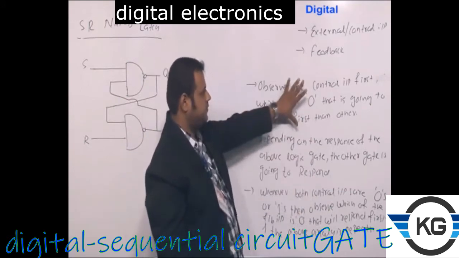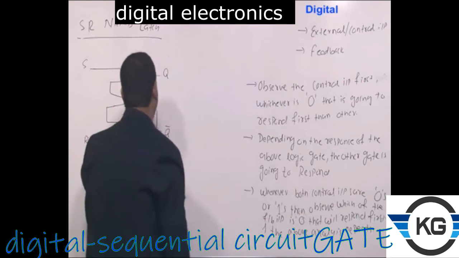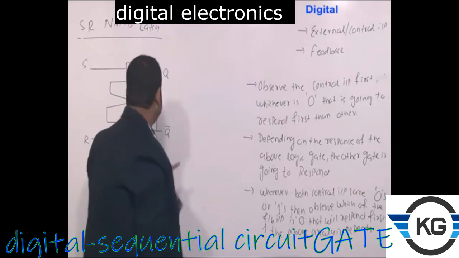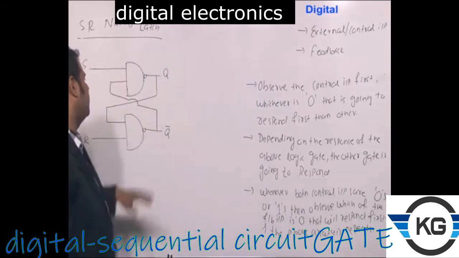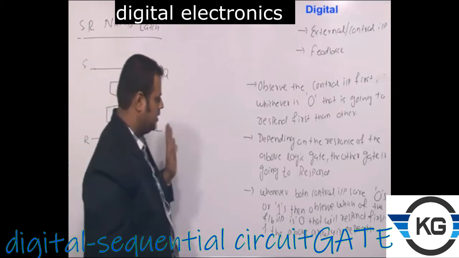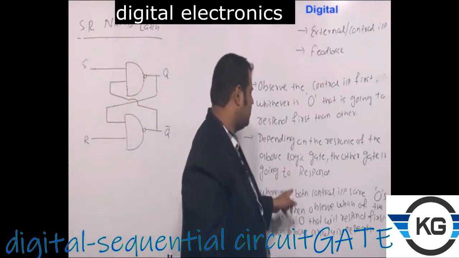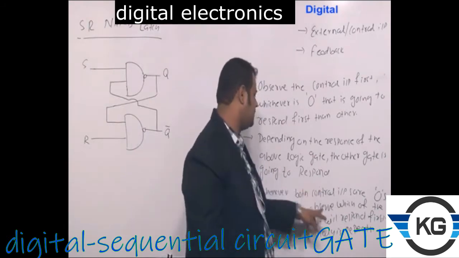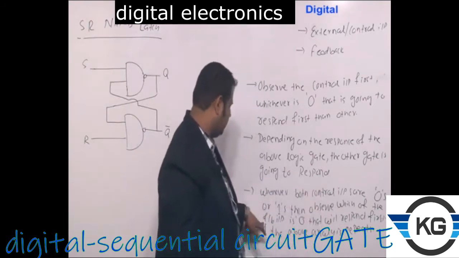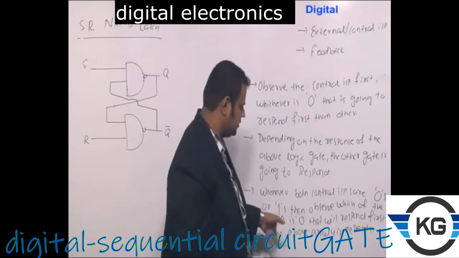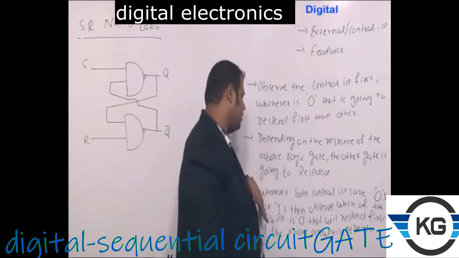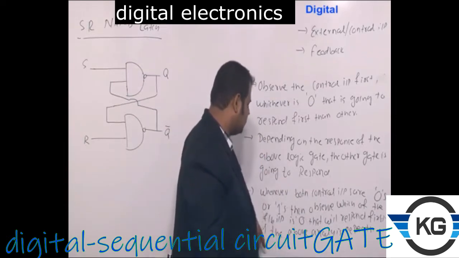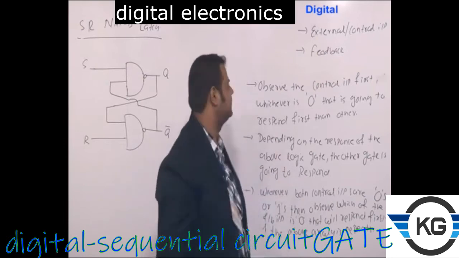So with this statement, any one of them produces its output first, and depending on that, the other responds. But whenever both control inputs are zeros or both are 1, then observe which feedback input is 0, that will respond first, and the above analysis repeats.